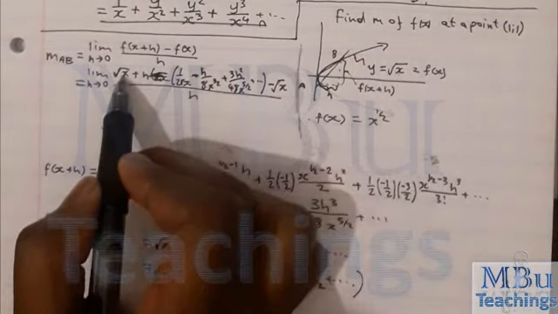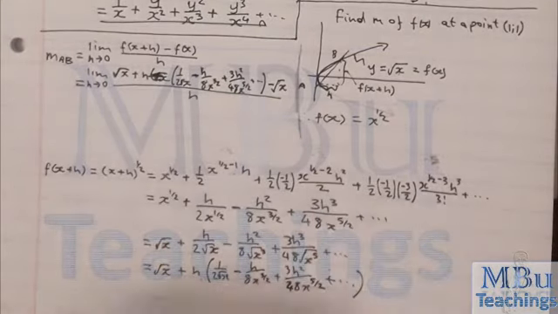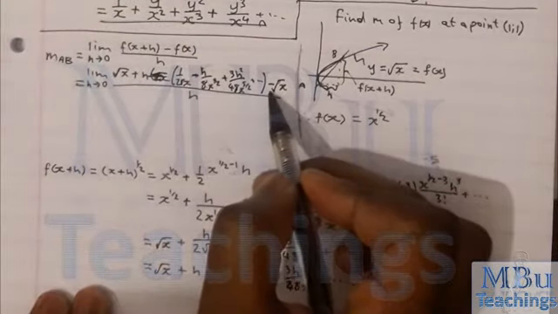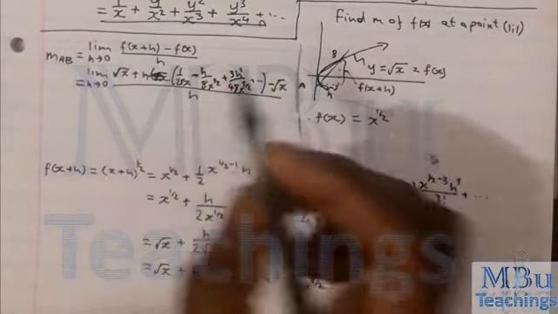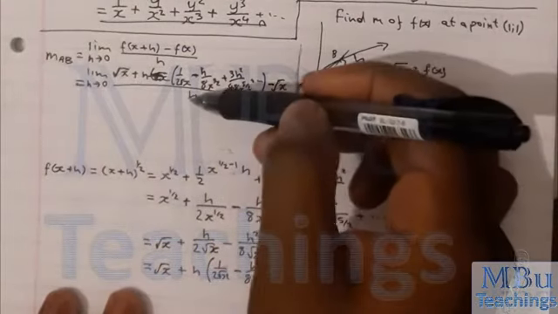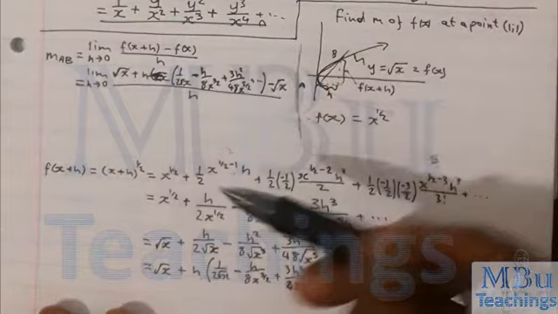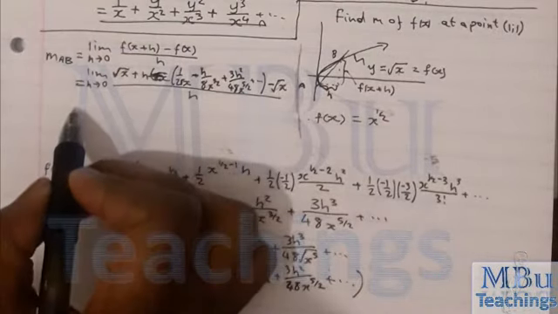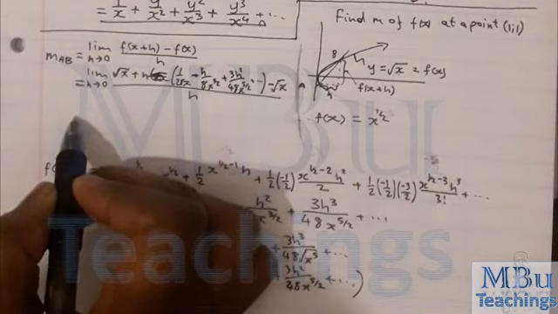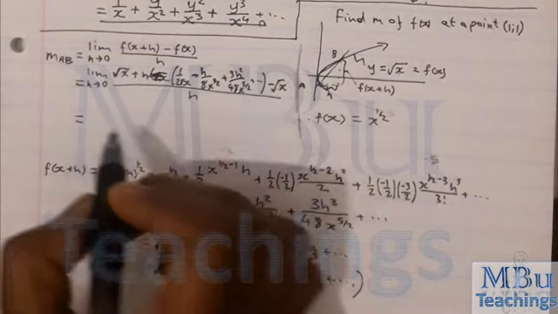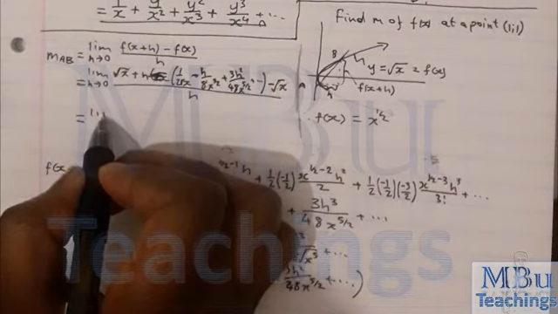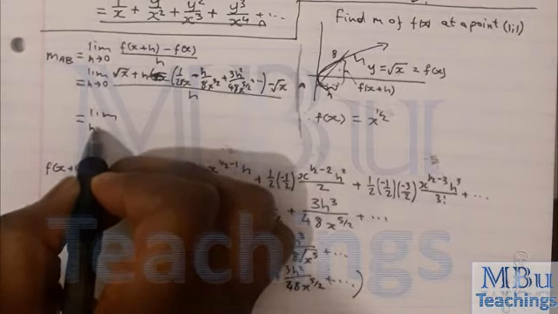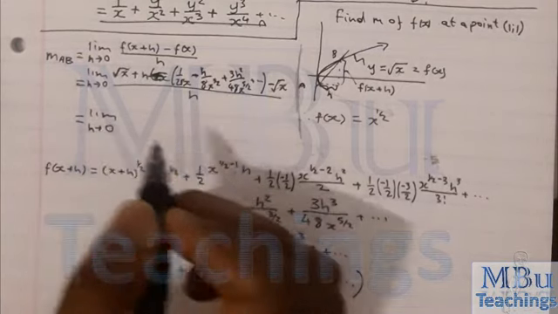This and that will finish, and this and that will cancel out, and therefore we'll end up having the limit h tends to 0.